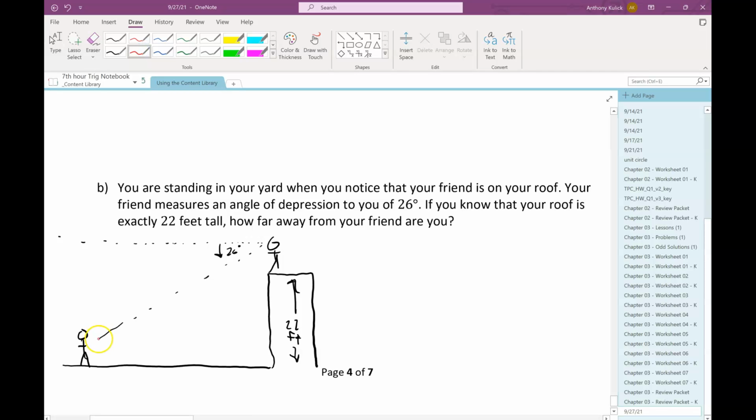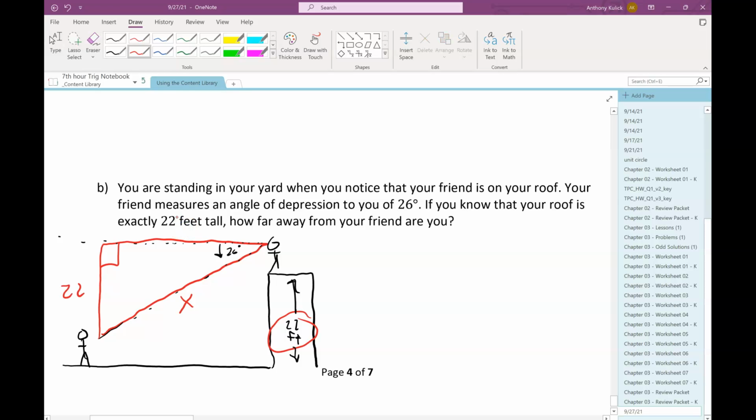So the triangle that I'm going to build is this one. I know that this side has to be the same as the height of the house because two vertical things are parallel and they're the same height. Cool with that? And we're looking for how far you are from your friend, so we're looking for that side. I think in the answer key we've solved for this one, which we don't really want.